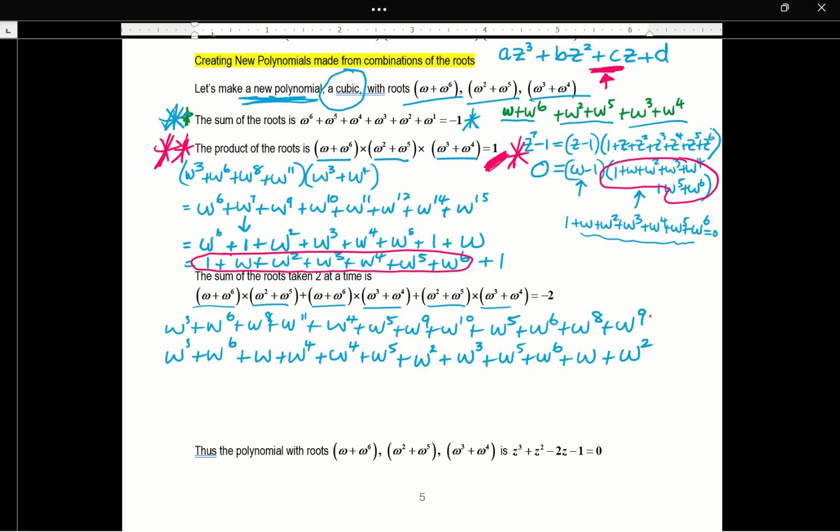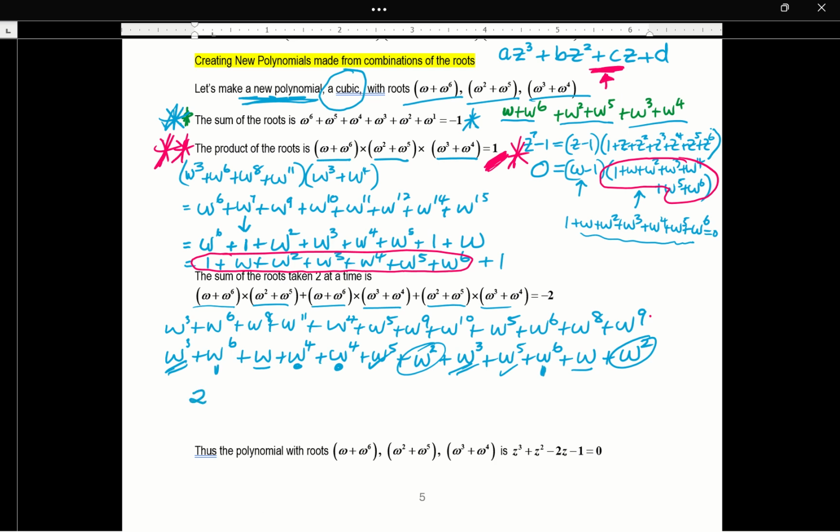So when I look through here, I can see I've got a w there and also a w there. And I've got a w squared there and also a w squared there. And I've got a w cubed there and a w cubed there. Have I got a couple of 4s? Yep. Have I got a couple of 5s? Yep. Have I got a couple of 6s? Yep.